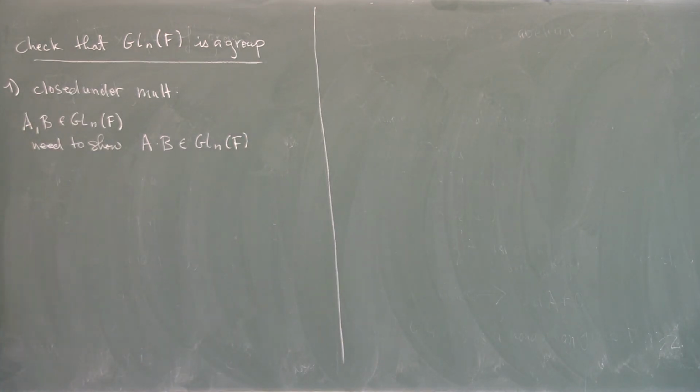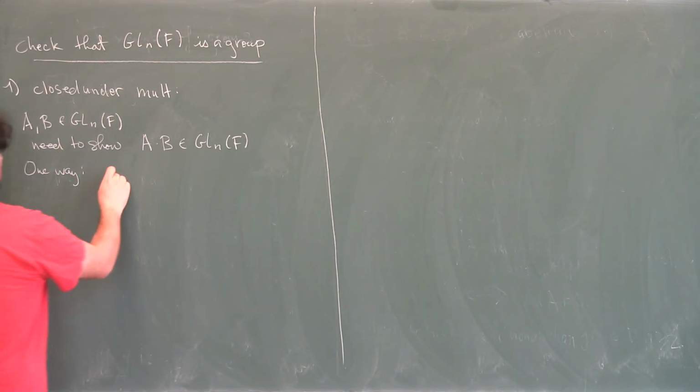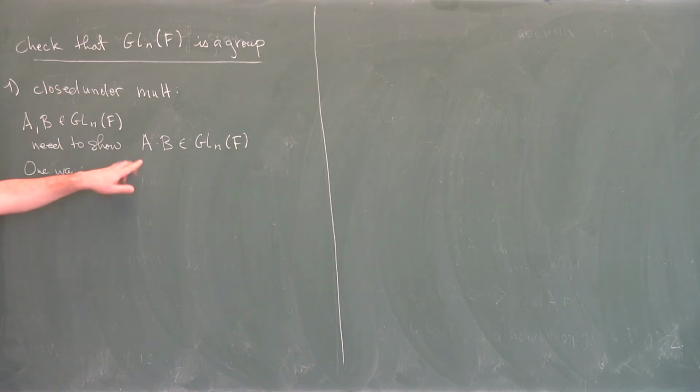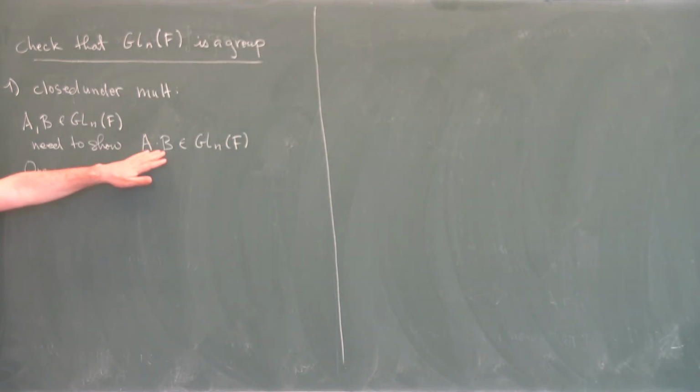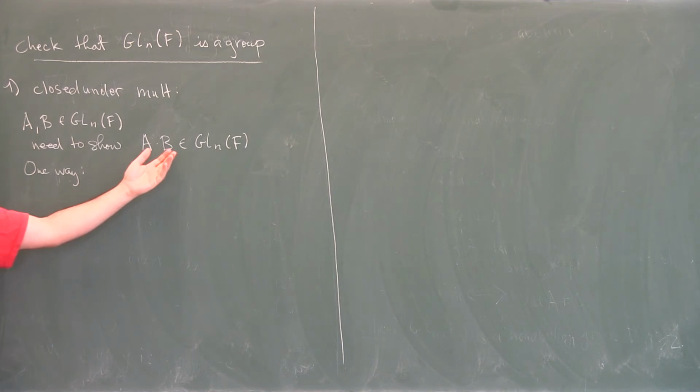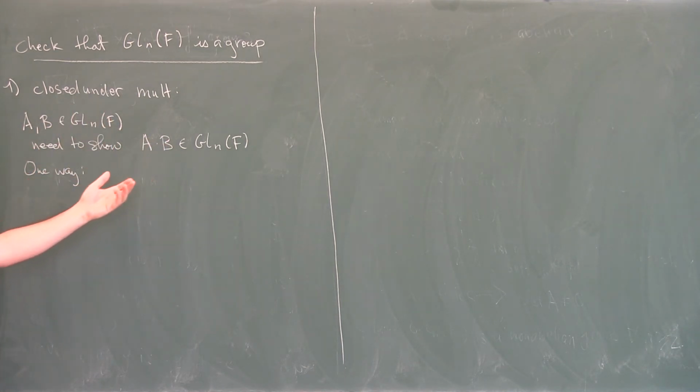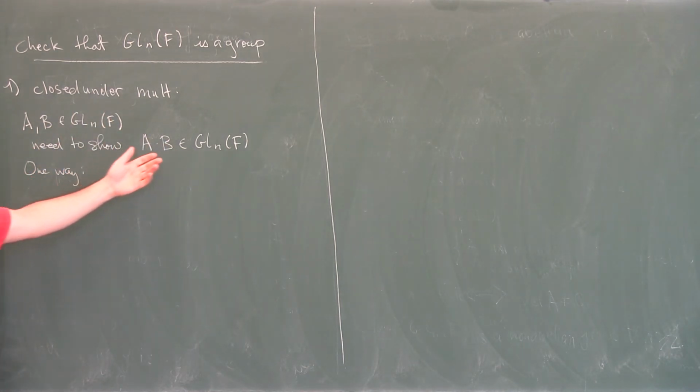Okay, now there are several ways to see this. One way is, remember, a priori what we're worried about is that this product, it's obviously again an n by n matrix, but we need to check that it's invertible. Okay?